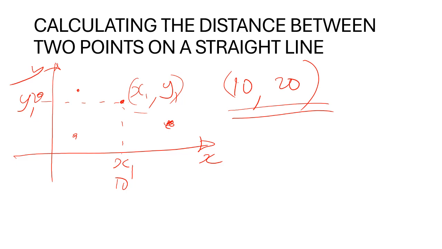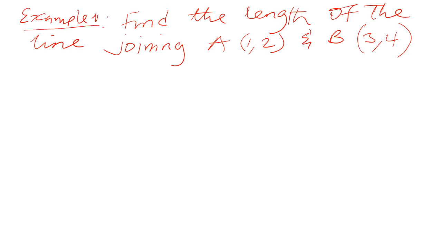Yeah, so we can have an example to determine that. Yeah, so I'll write an example. Yeah, so this example is saying find the length of the line joining A, and the coordinate of A is 1, 2, and the point B, which is 3, 4.